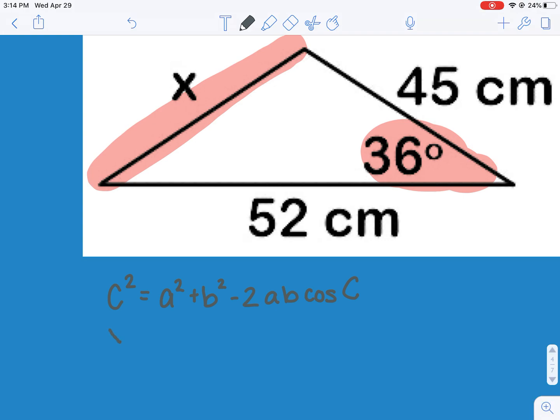X has to be my side c squared. It doesn't matter which side is A and which side is B, as long as I use both of them. Minus 2. Again, it does not matter which side is A and which side is B, times the cosine of 36 degrees.